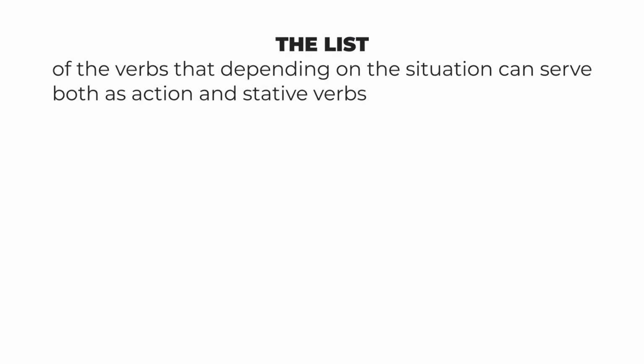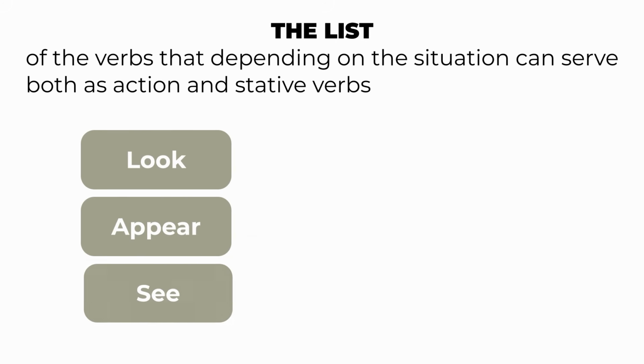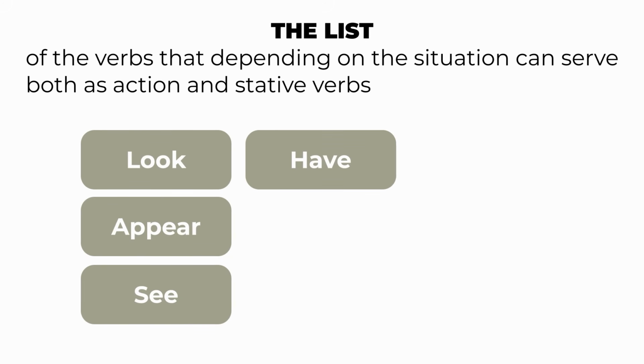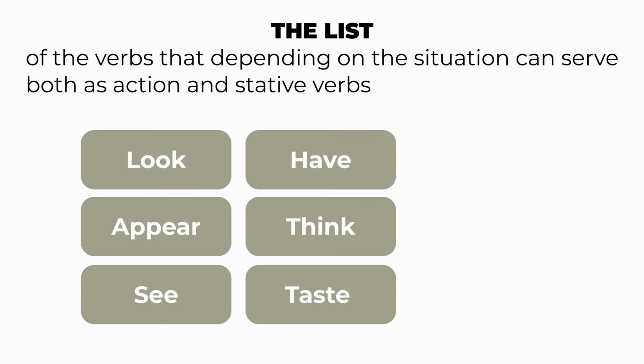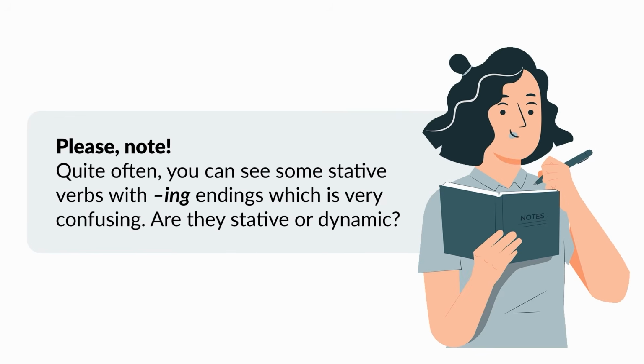Here is the list of the verbs that, depending on the situation, can serve both as action and stative verbs. Look, appear, see, have, think, taste, be, feel, smell. Please note, quite often you can see some stative verbs with ing endings, which is very confusing.